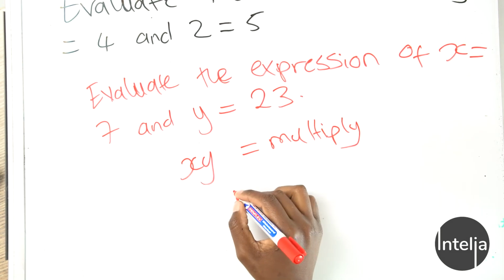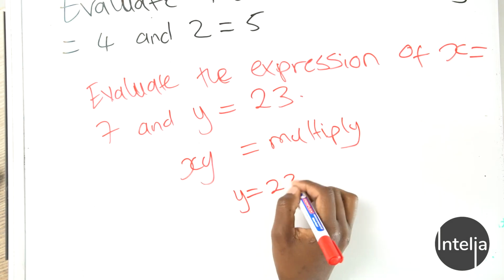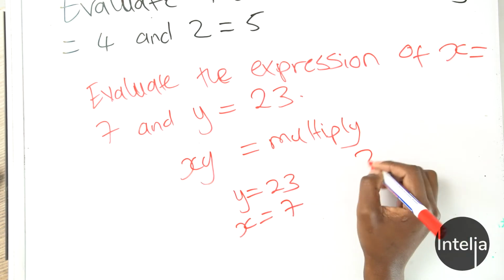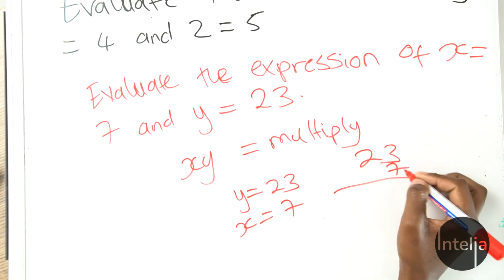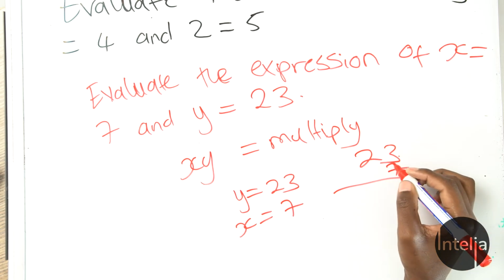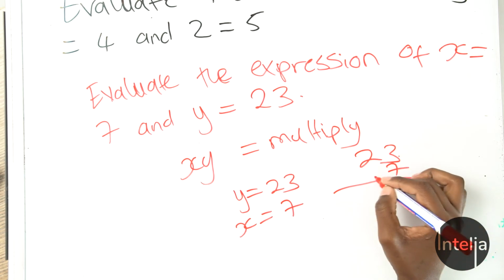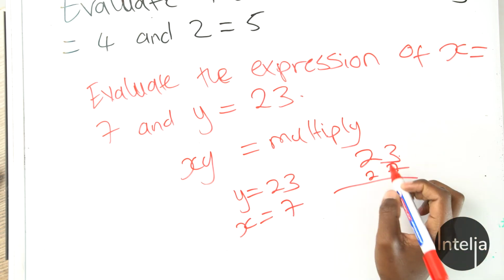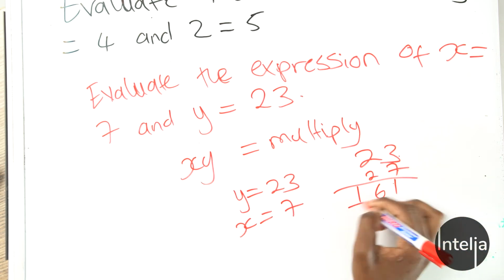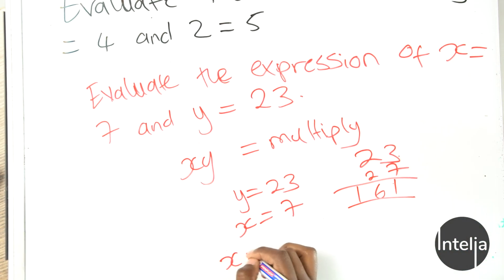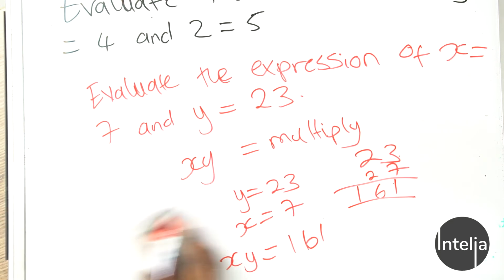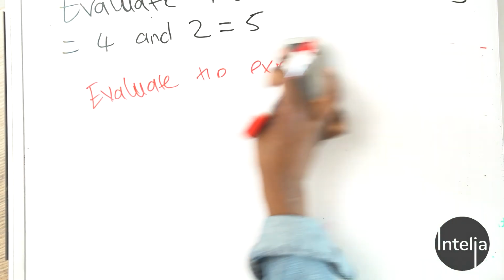And then you say y is equal to 23, x is equal to 7. So you multiply 23 times 7, 7 times 3, 21, 1 kept 2, 7 times 2, 14, plus 2, 16. So your answer is xy is equal to 161, like this. So this is how you do.